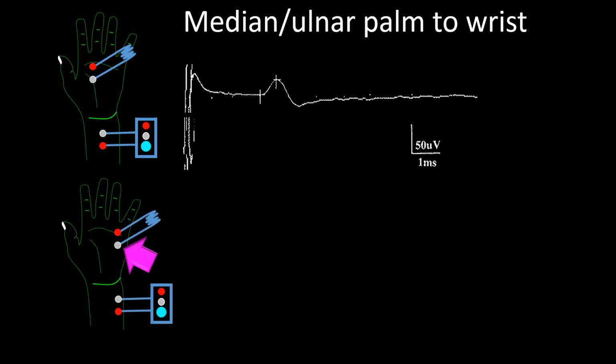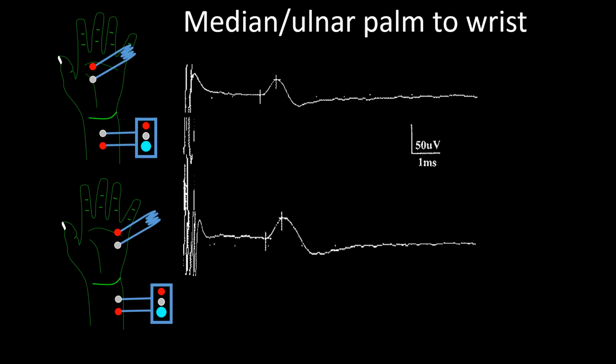Next, we stimulate the palm between the fourth and the fifth metacarpal. E1 is kept above the wrist, but now on the ulnar side at the same distance. It is very important that we keep the same distance that we did when we stimulated and recorded from the median nerve. The latency of both nerves in normal circumstances is short.